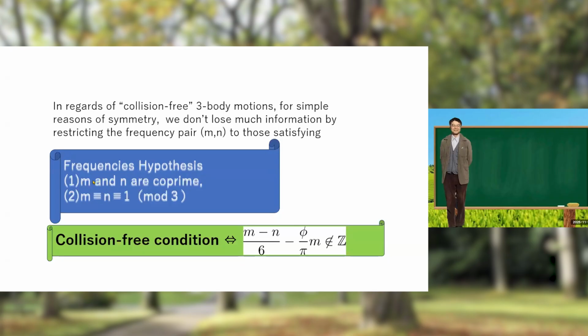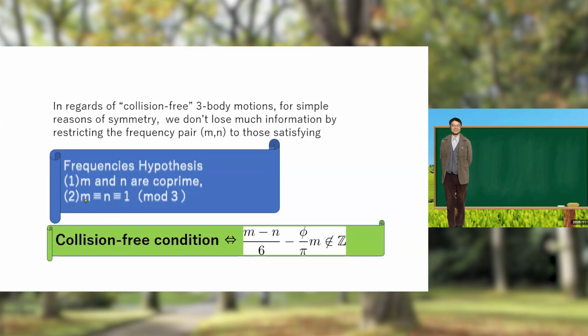If m and n have a common divisor, there is essentially no difference from the coprime case. And also, one can restrict to the case where m and n are 1 modulo 3.